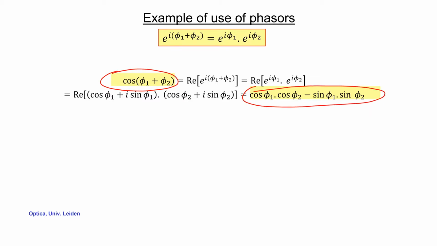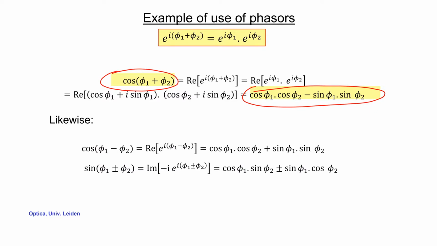And it doesn't take much fantasy to realize that if you want to calculate the cosine of the difference between two angles, you can do the same thing. You can use the same trick. You just calculate the real part of the exponent, e to the power i, the difference between these angles.